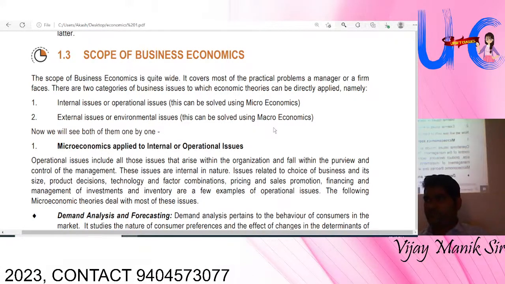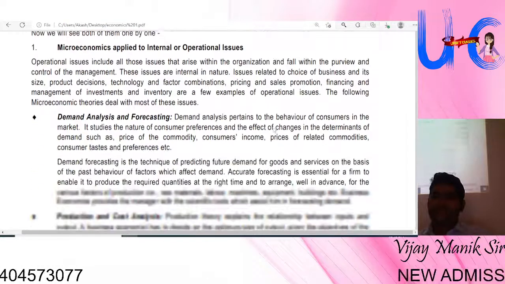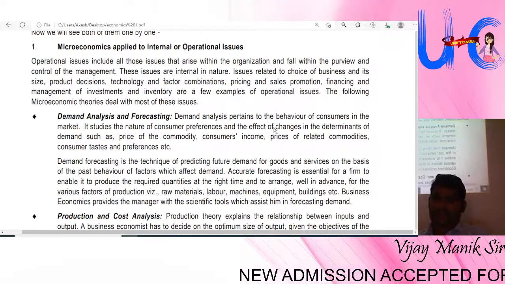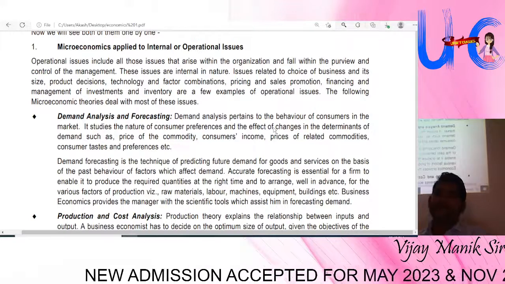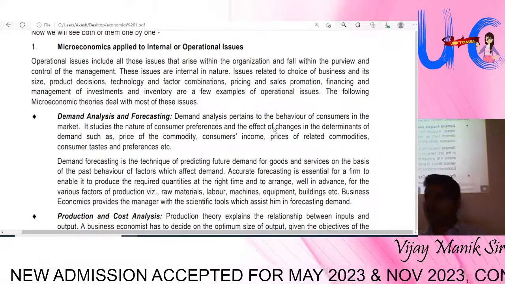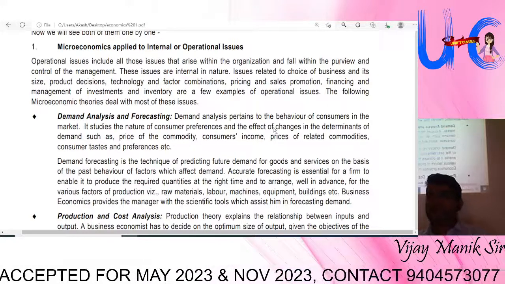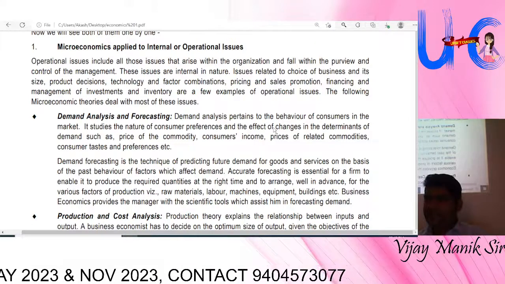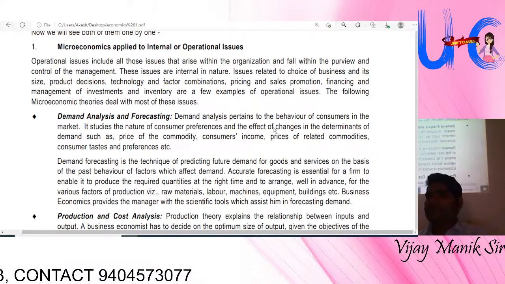Very simple. Internal issues means what? Suppose a company, a firm is there. Within that particular firm, what kind of structure is there, how they can make a commodity, what is their estimate, what is their purpose, what are their objectives behind that particular commodity.